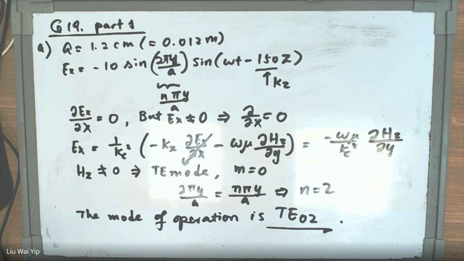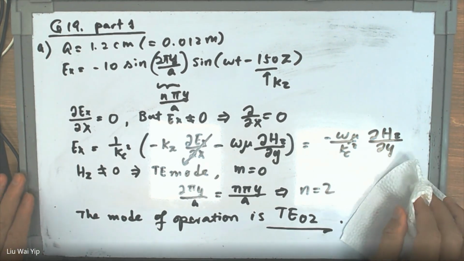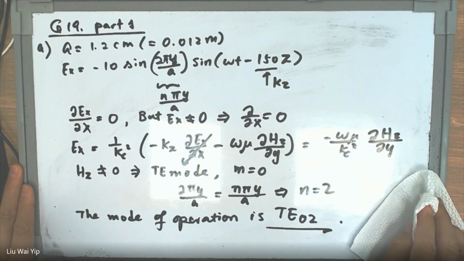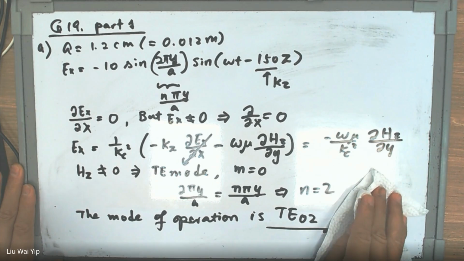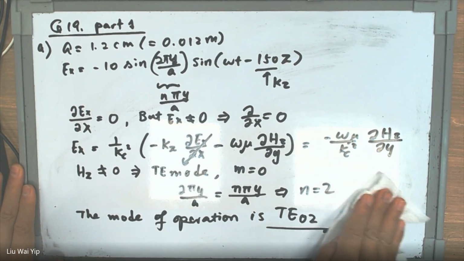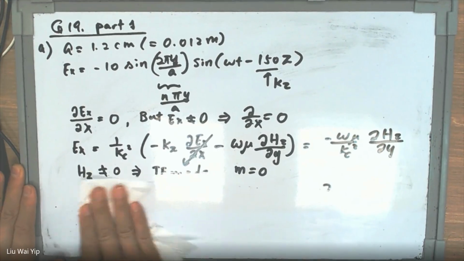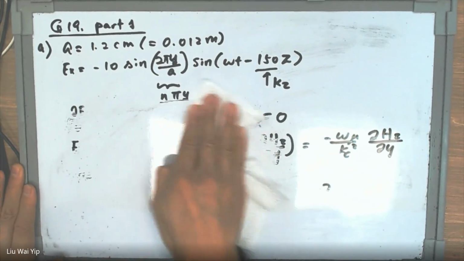So in part B, I'm going to erase this part. We are going to use this information, TE02, to work out the cutoff frequency.